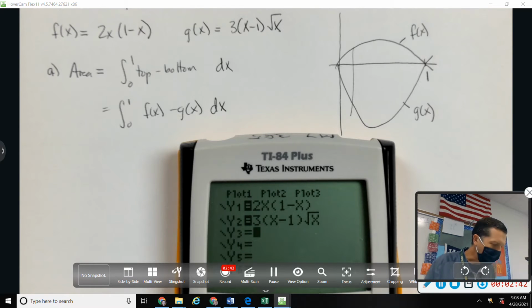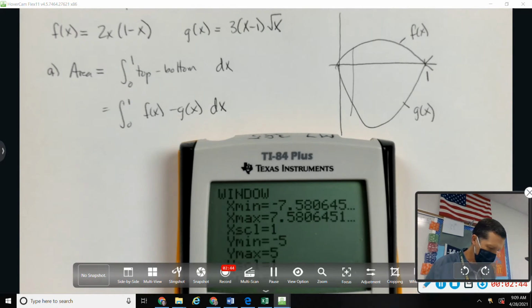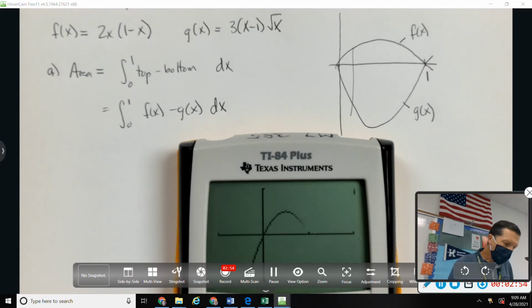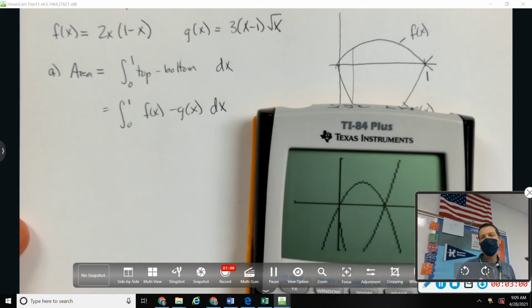Alright, I guess I don't have to look at the graph, but okay, so yeah, that's pretty close to what they gave me.